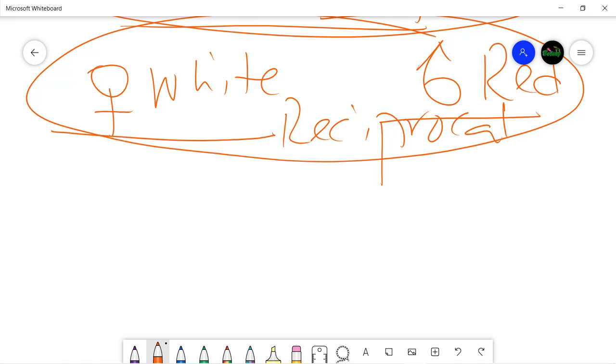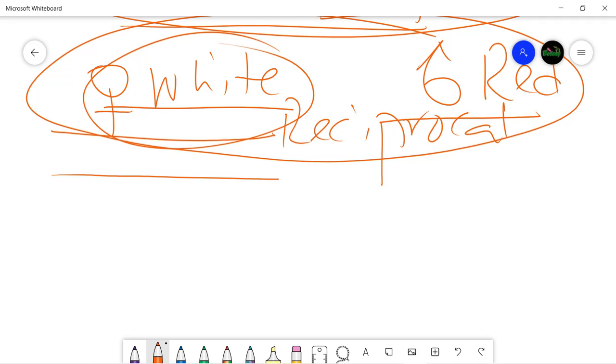This was because the gene for this particular trait, the eye color, was located on the X chromosome rather than on what we call the autosomes. So since the allele for eye color was located on the X chromosome, that's why the results were different.